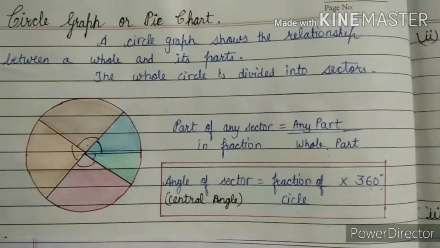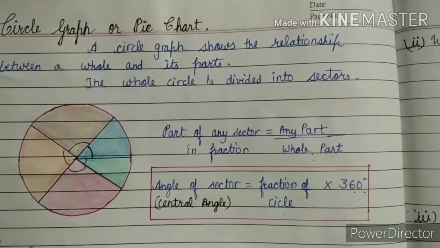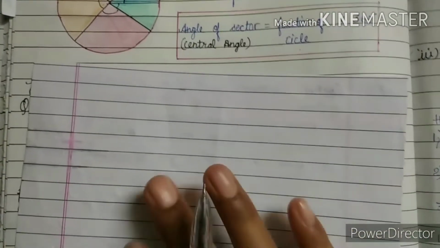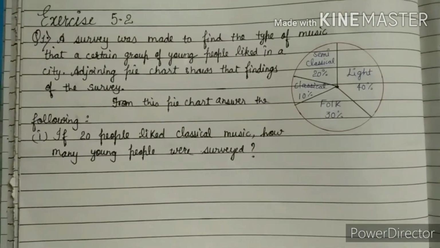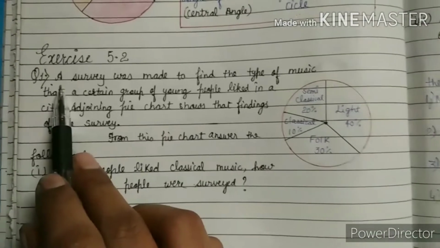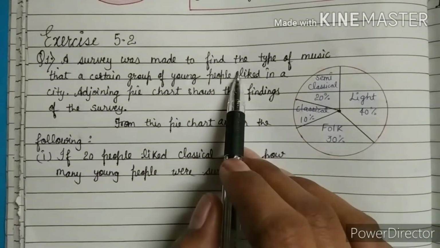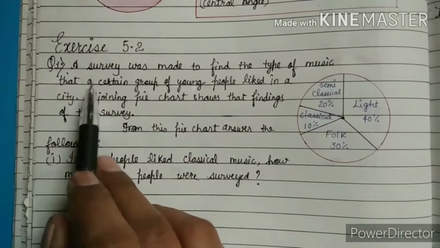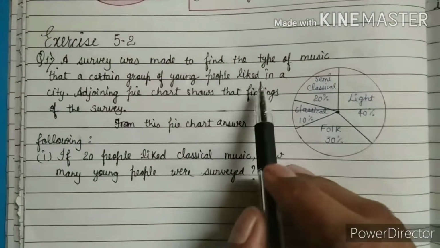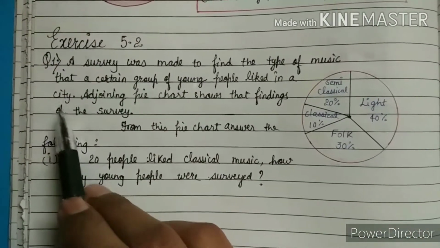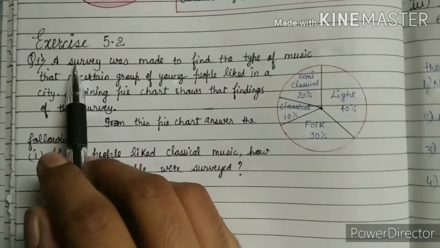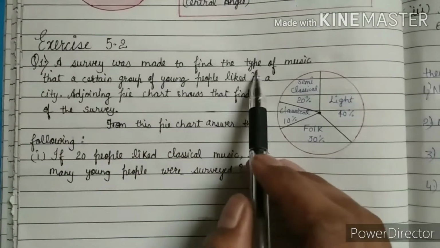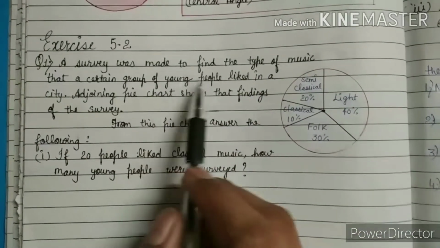Now we will start our exercise 5.2. Here, as you can see, the first question is: a survey was made to find the type of music that a certain group of young people liked in a city. It means in the city they held a survey, and the survey is based on the type of music liked by young people.